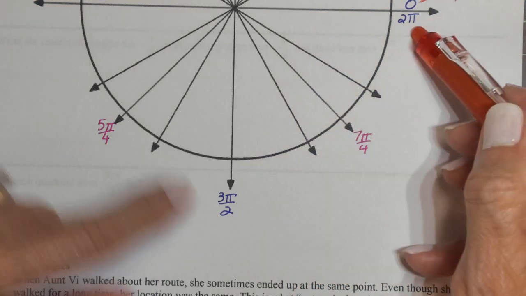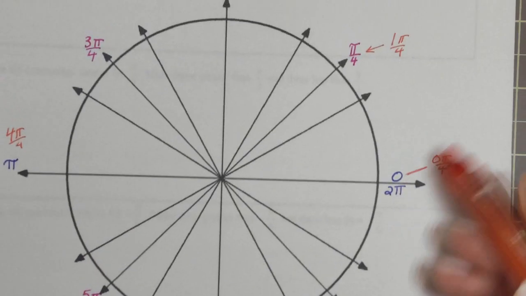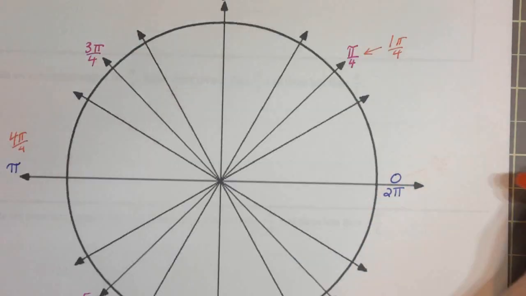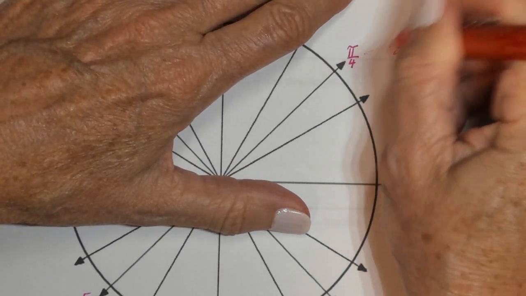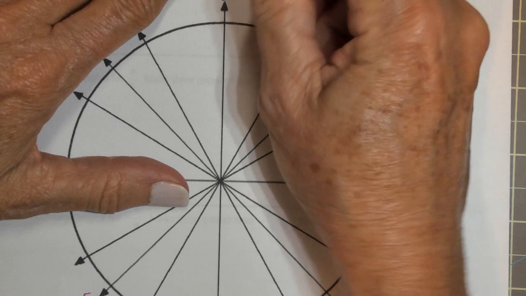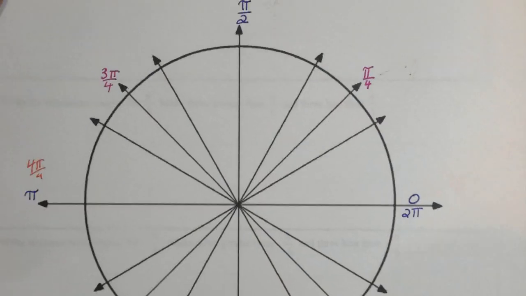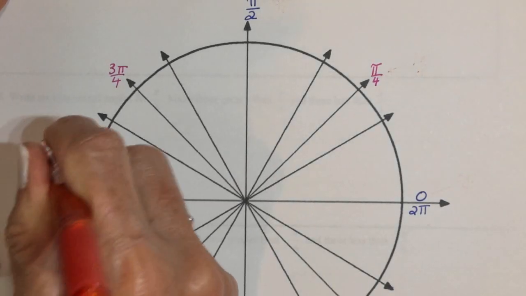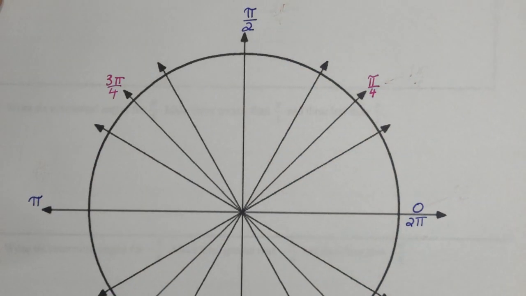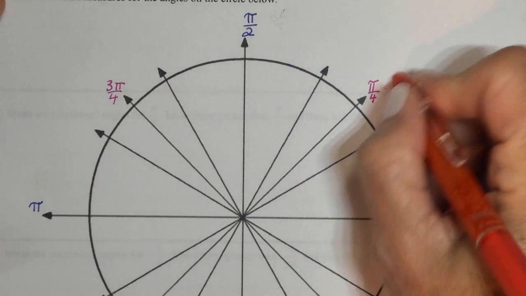And if we keep on going, we'll get 8 pi over 4, which is back to 2 pi. Let me erase these guys. Alrighty. Okay, so those are all of the pi over 4s.